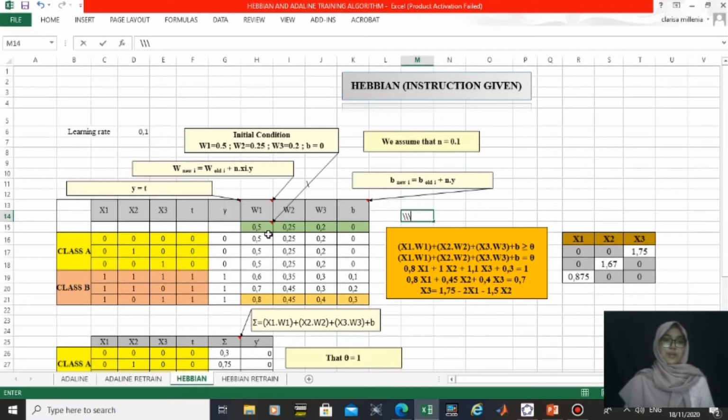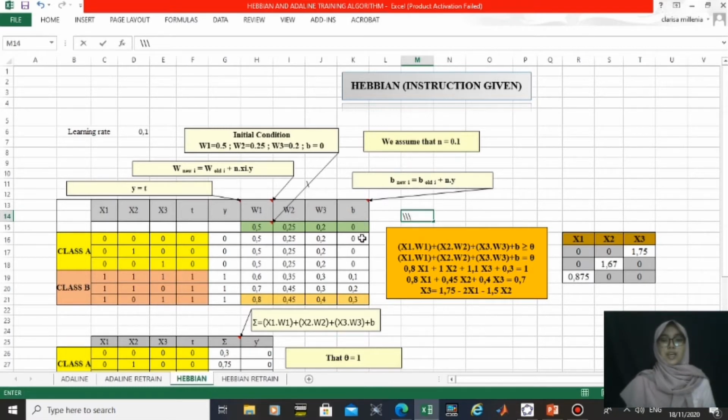So we get the new weight: 0.5, 0.5, 0.5, 0.6, 0.7, and 0.8 from this formula, which is the same for w2 and w3; we can use this formula too. If you want to know the value of the bias, we can use this formula: b new is equal to b old plus n times y.